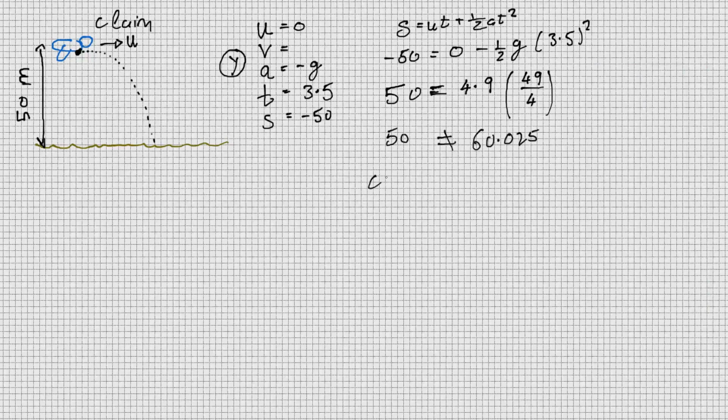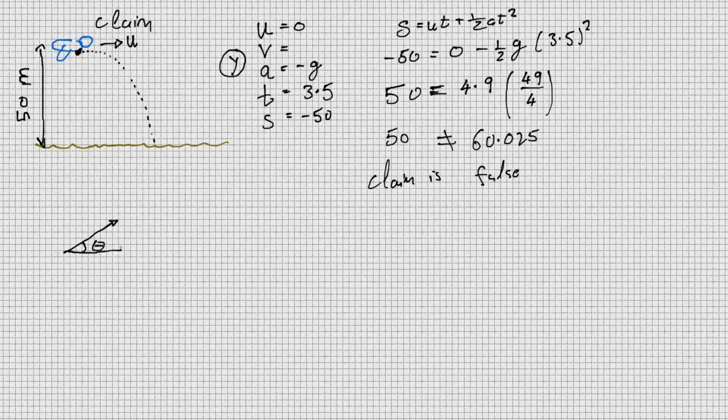So you can see that the claim is false. It couldn't possibly be traveling horizontally because we don't get consistent numbers here. So it must be the case that this gets launched at an angle when it exits from the bird, from the pigeon. So we don't know what that angle is, so we'll call it theta.